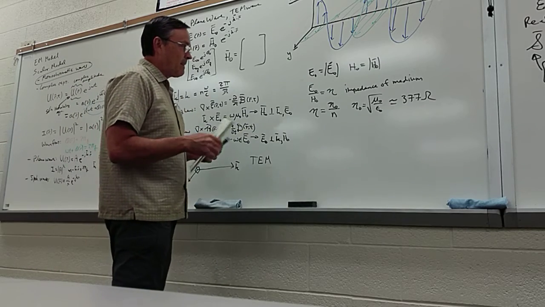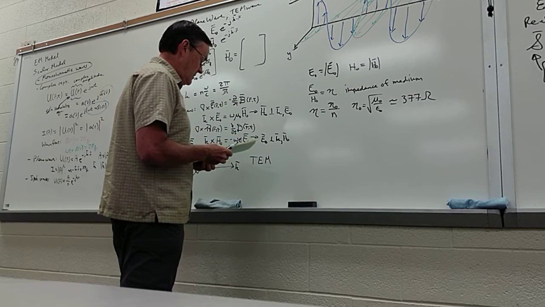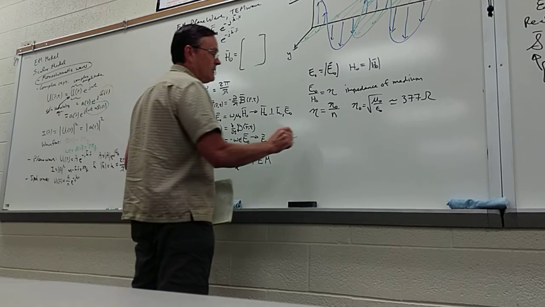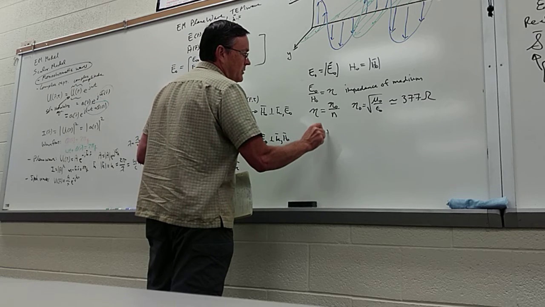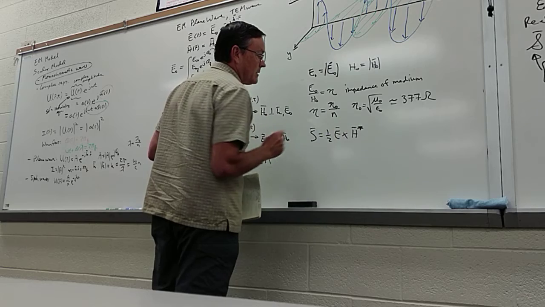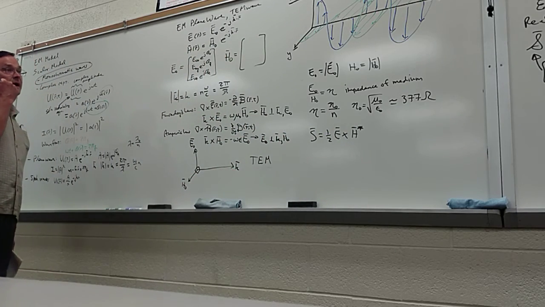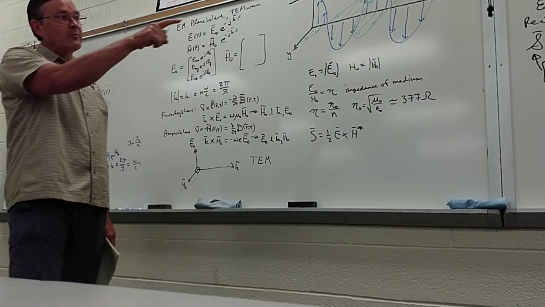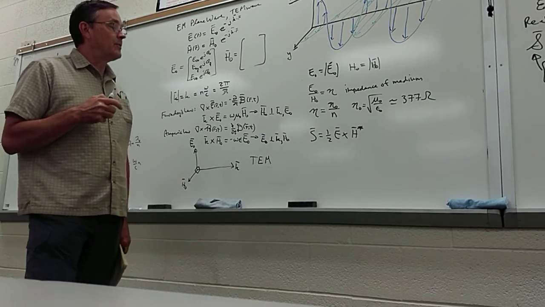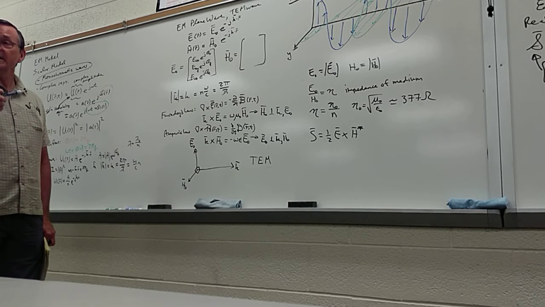Okay, so with that understanding, the definition, now let's go back to the complex Poynting vector. And let's figure out what the irradiance is for a Poynting vector, or rather for a plane wave, a TEM wave.